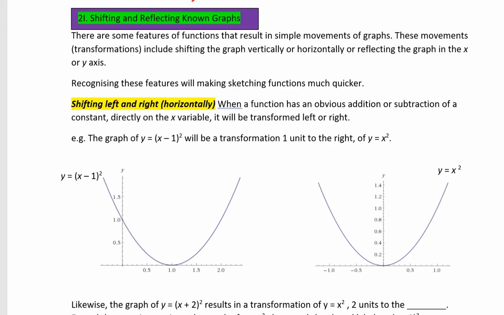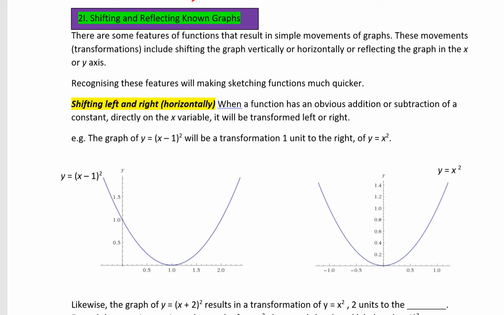Okay, now this exercise is going to be a really important exercise because it's going to show you some common features between all the different graphs you've looked at. And you may be thinking, well, what could be common between an exponential and a straight line?